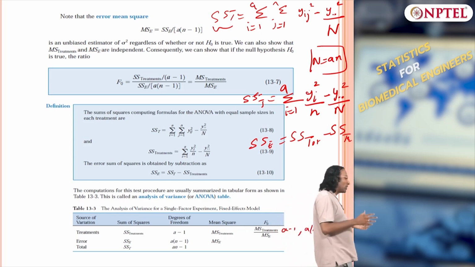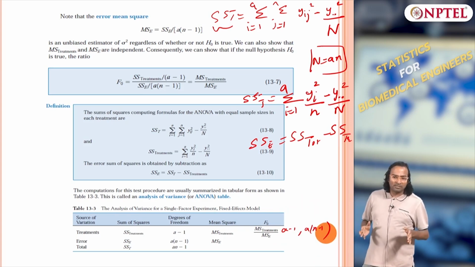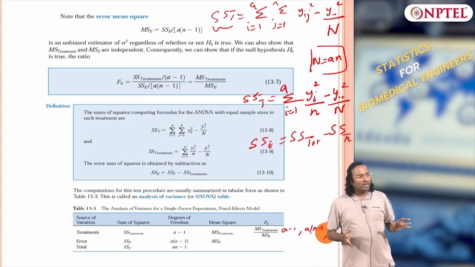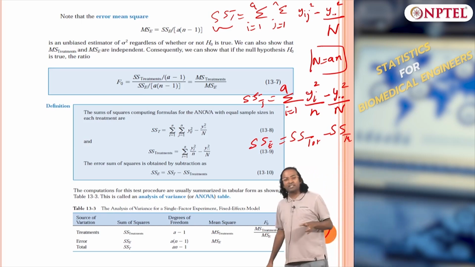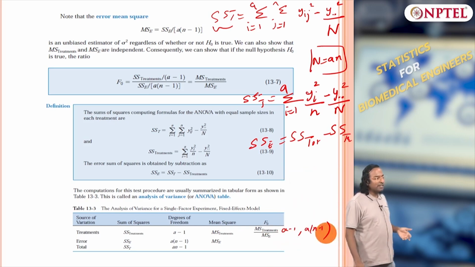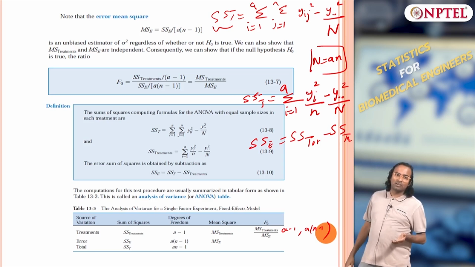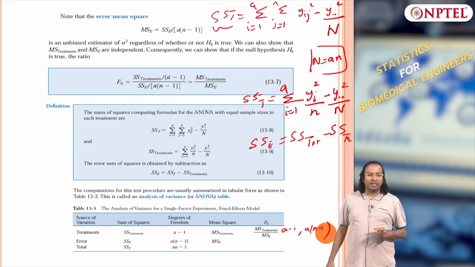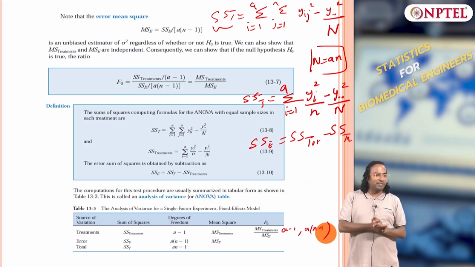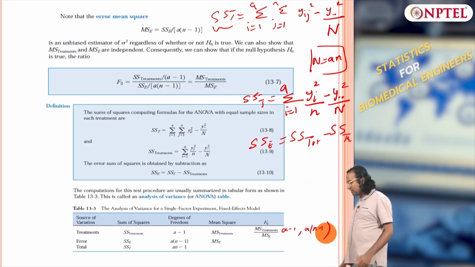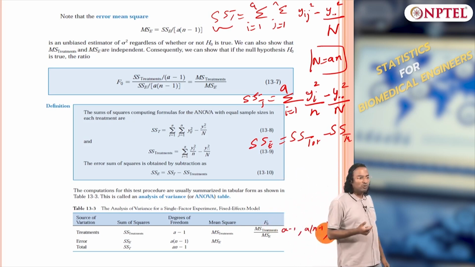So the total variation in the data is due to two orthogonal components, which is very important. One is the variation due to noise, the other is the variation in the treatment. The treatment variation is nothing but y i dot bar minus y bar dot, that is, the squared deviation of the ith treatment mean from the overall mean, and within a treatment the variation is mainly due to noise.